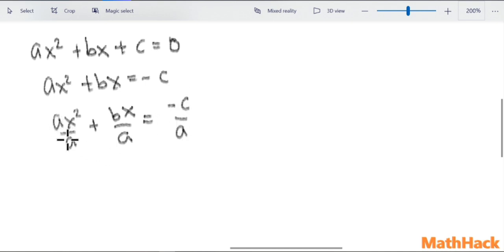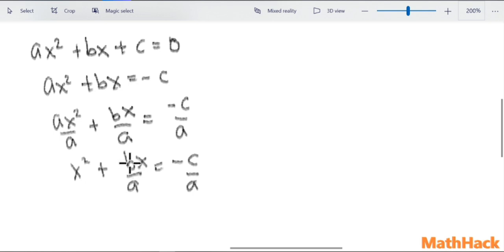Since a divided by a is equal to 1, we shall have x squared plus b over a x equals negative c over a.